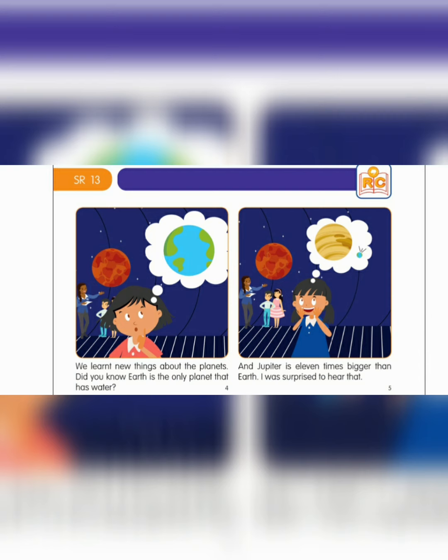Did you know Earth is the only planet that has water? Yes, our Earth is the only planet that has water. And Jupiter is 11 times bigger than Earth. I was surprised to hear that.